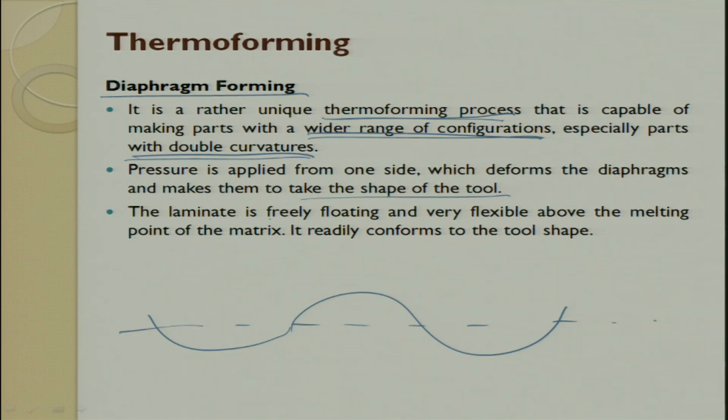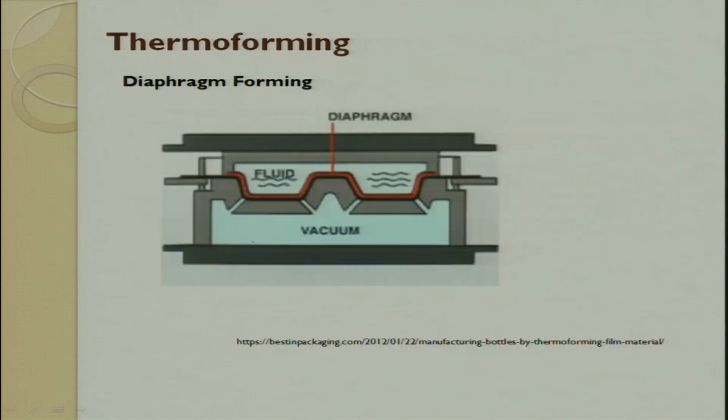Here the laminate is freely floating and very flexible above the melting point of the matrix, and tries to conform to the tool. Look at it. You have made a tool, and here is the fluid, and here is the diaphragm on the top. You try to get the required output, and the vacuum is applied at the bottom.